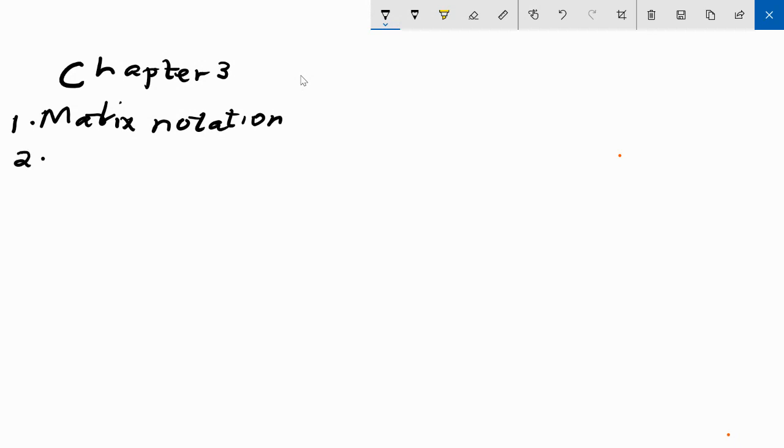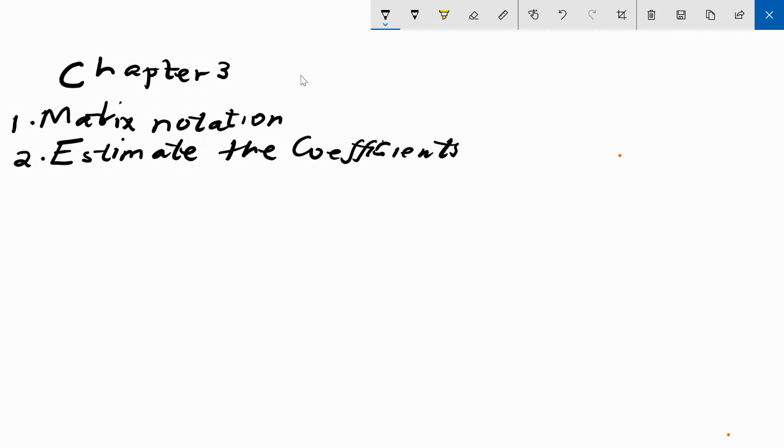Two, you know how to estimate the coefficients in multiple linear regression and interpret them.